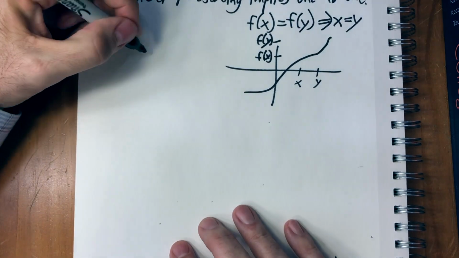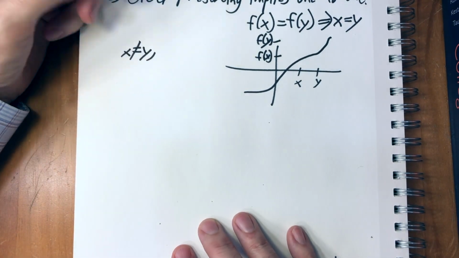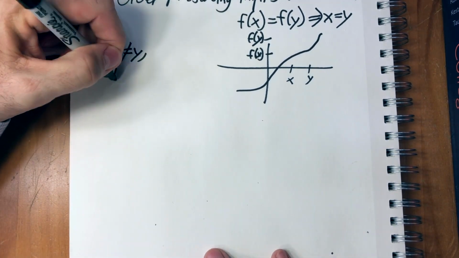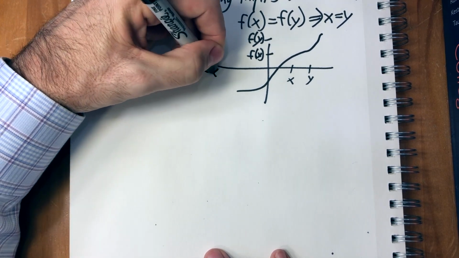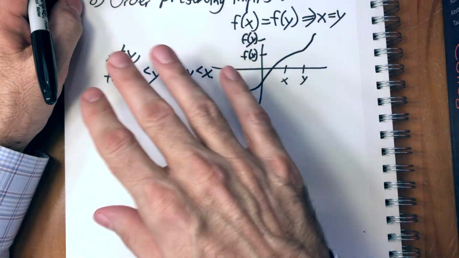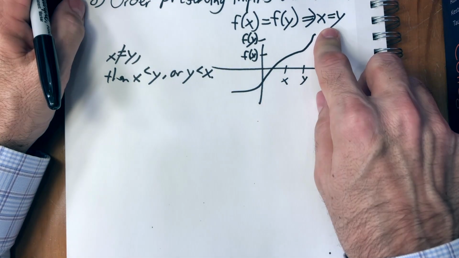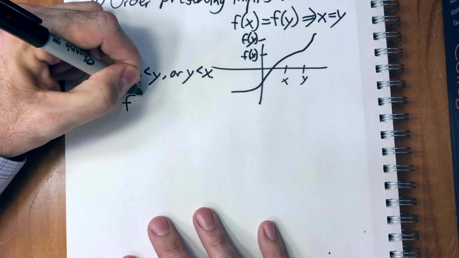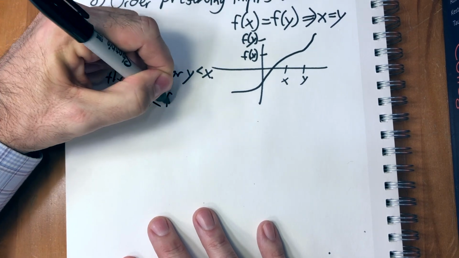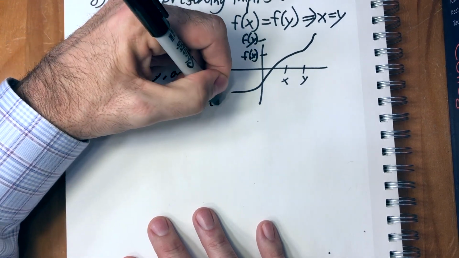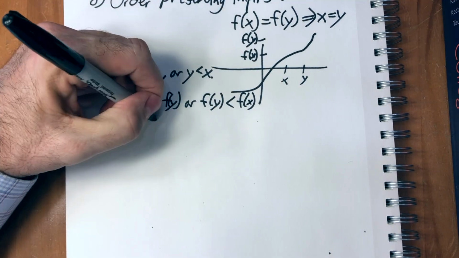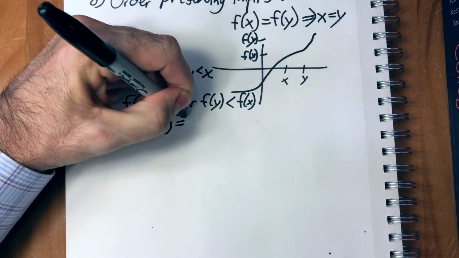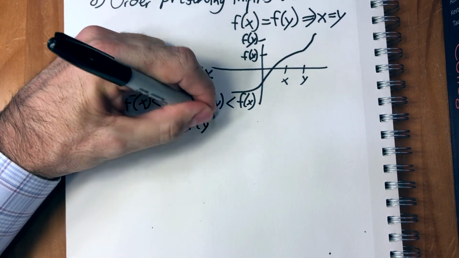relationship. So to prove it, if x does not equal y, then either x is less than y or y is less than x, right? Then because it's order preserving and strictly increasing, that means that either f of x is less than f of y or f of y is less than f of x. That means that f of x does not equal f of y.